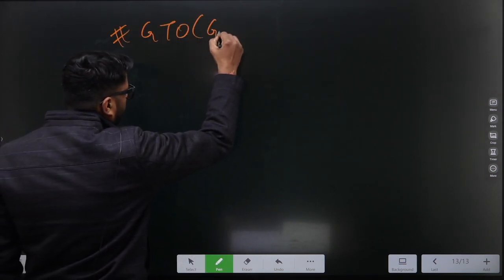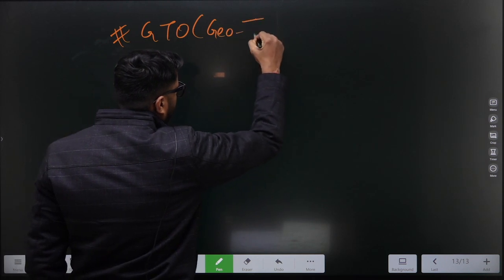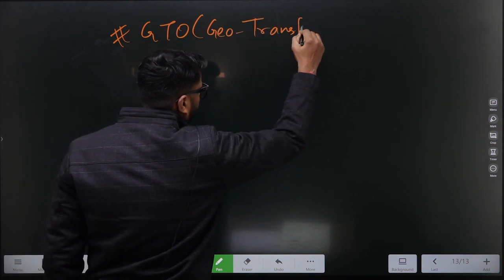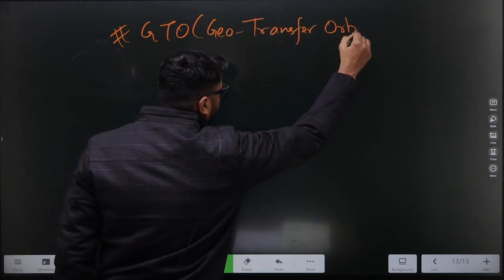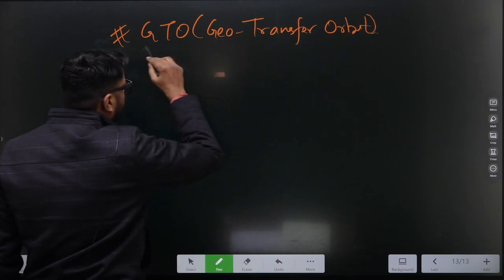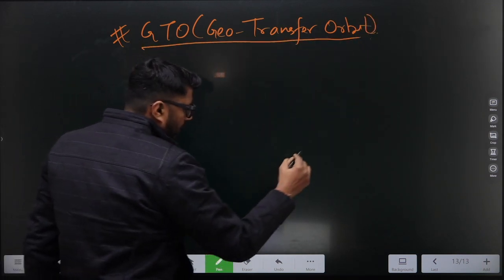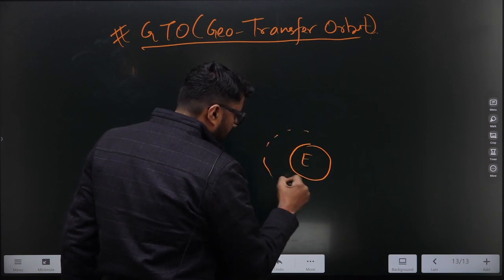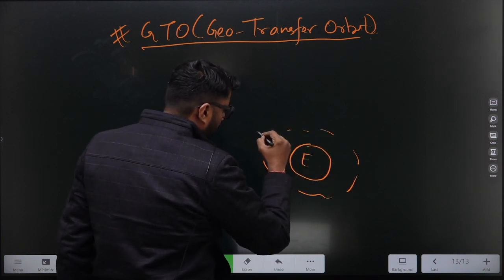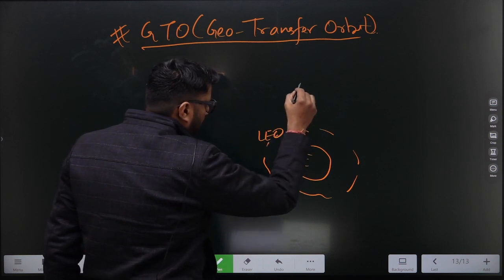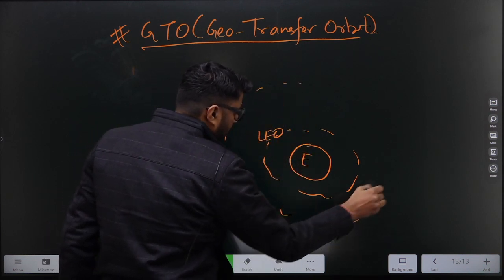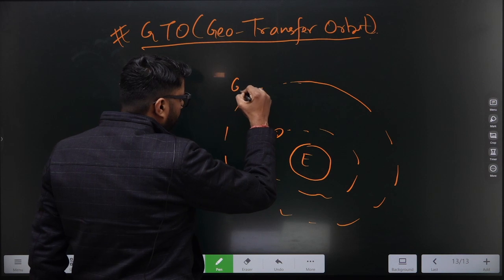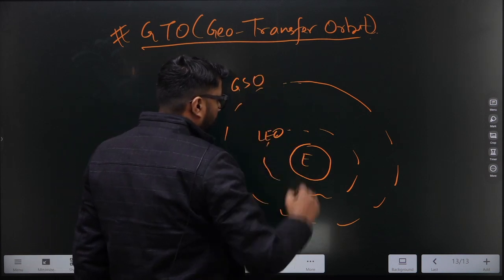GTO, Geo Transfer Orbit. Here, this is Earth, this is the low Earth orbit and this is the geosynchronous orbit.